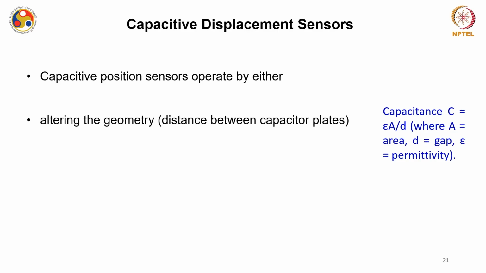This capacitive position sensor operates by altering the geometry, as we have seen for other applications also, or by detecting change in the capacitance, and all this is based on the formula for the parallel plate capacitor, which is C equal to epsilon A by D, where A is the area, D is the gap, and epsilon is the permittivity.